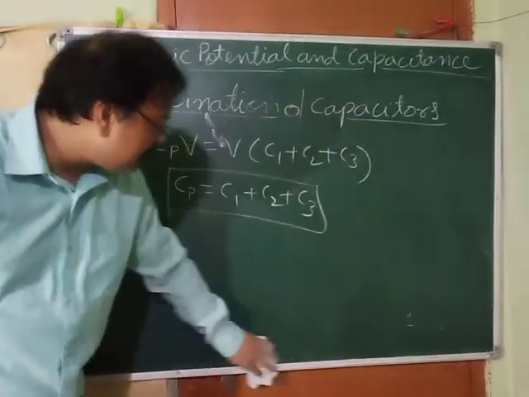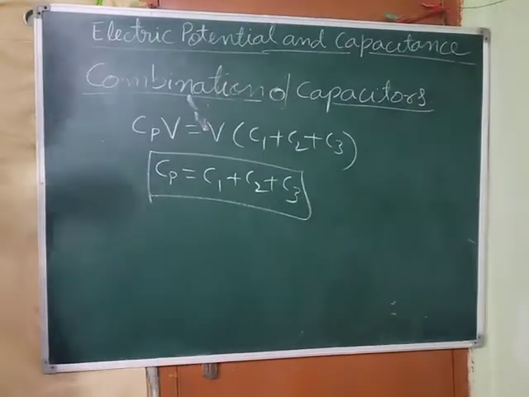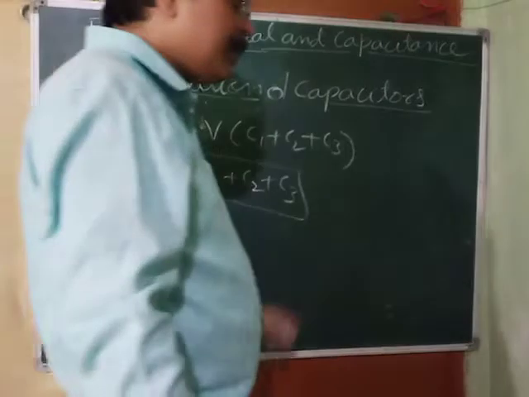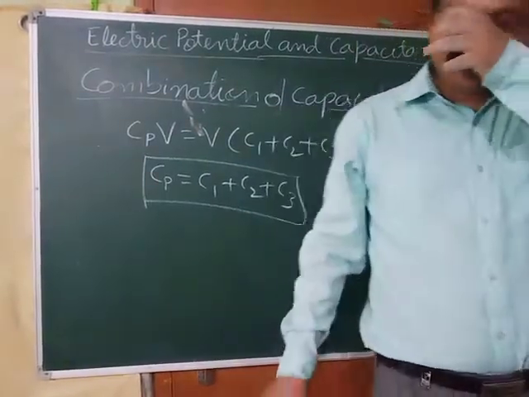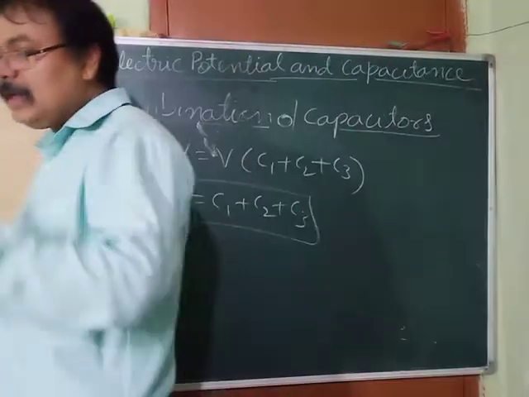Is it similar to that for resistance? No. Actually, for resistance, this type of expression we get in series. But for capacitors, we get this type of expression in parallel.